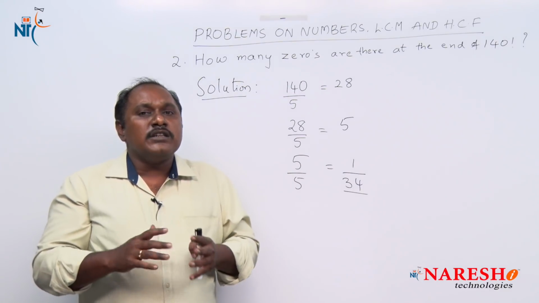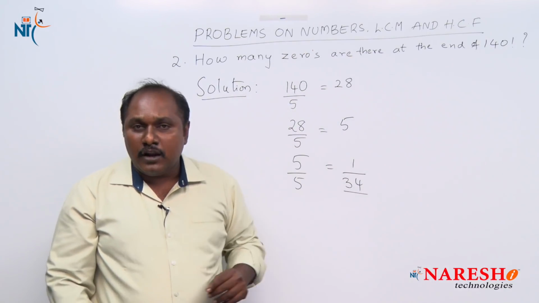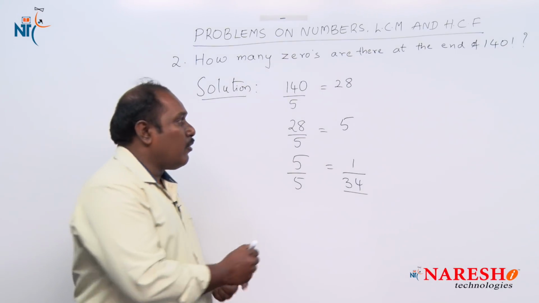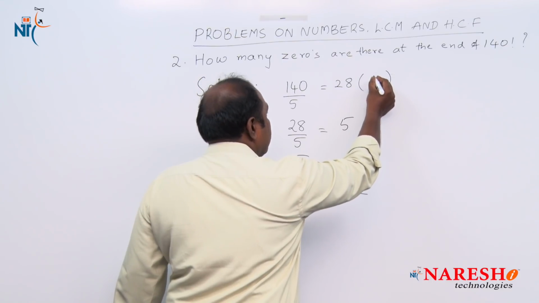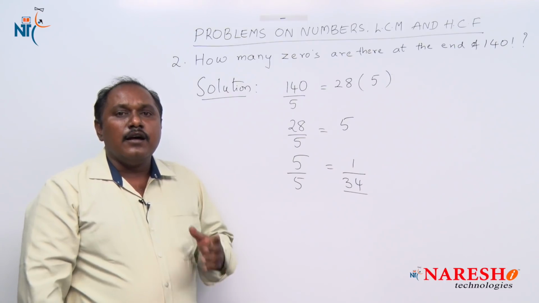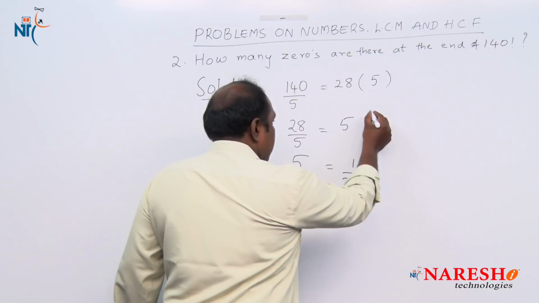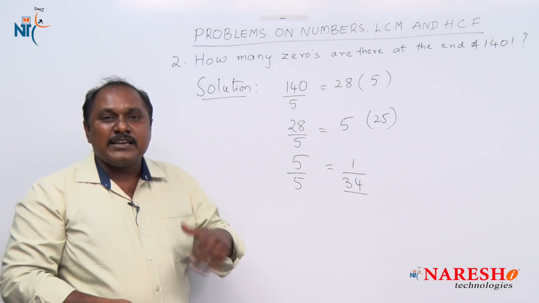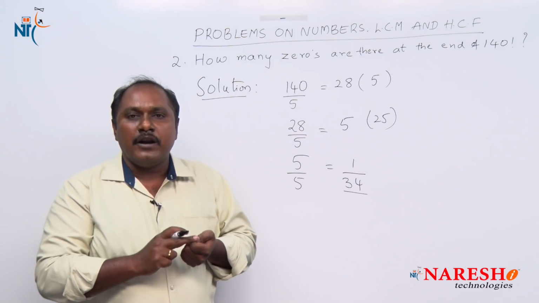So if I can tell the power of 5 when I prime factorize all the numbers from 1 to 140, definitely I am going to get my answer. Now logically speaking, what is this 28? These 28 are the multiples of 5 up to 140, where you find a minimum of one 5. What is this 5? This 5 is the multiples of 25, where we get an extra 5, like 25, 50, 75, 100 and 125.